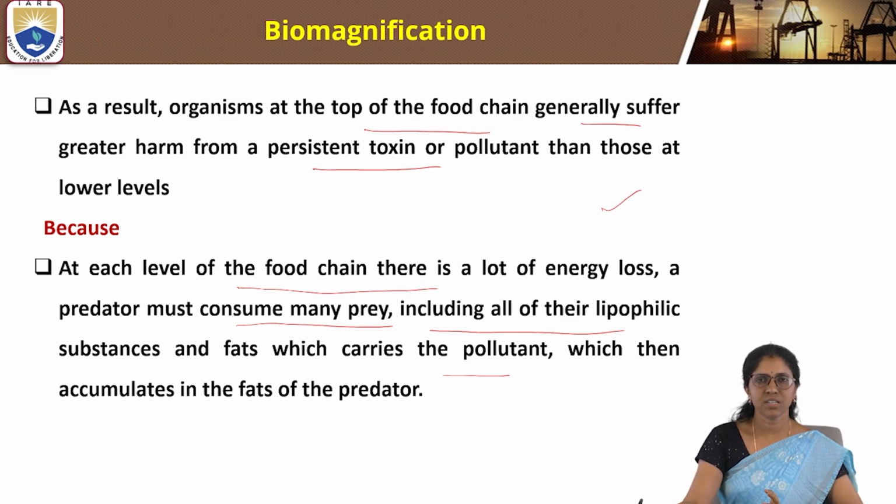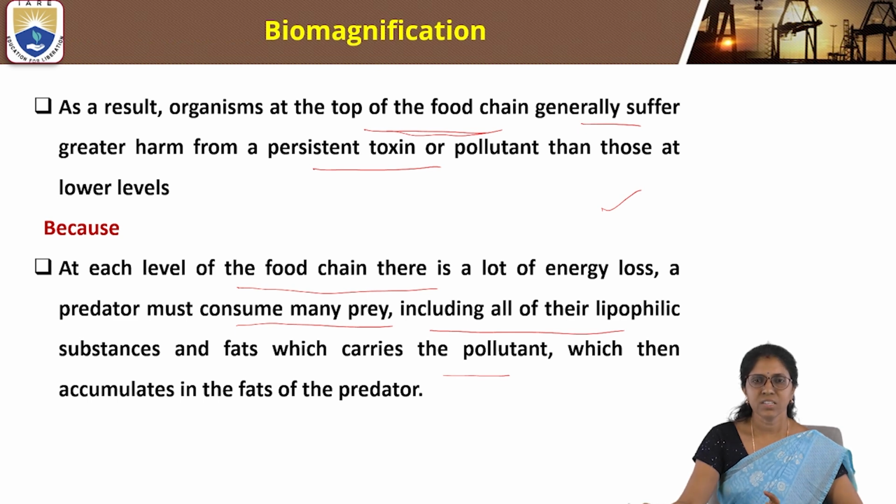So that's why the concentration of pollutants is higher at the top of the food chain, because the predator consumes many prey.